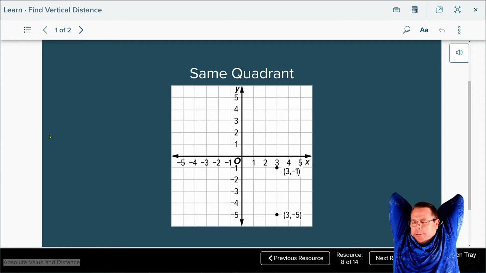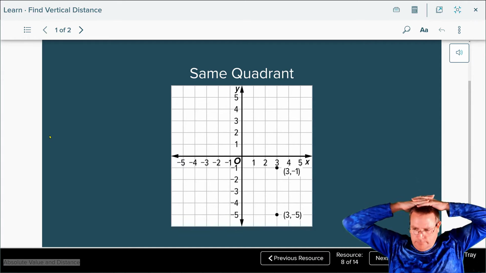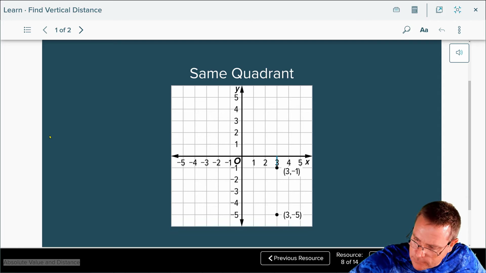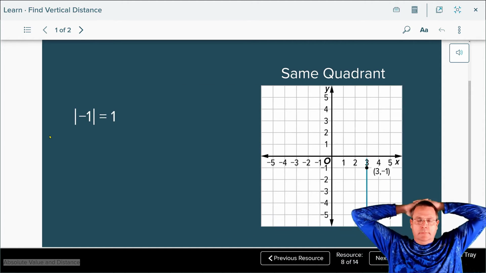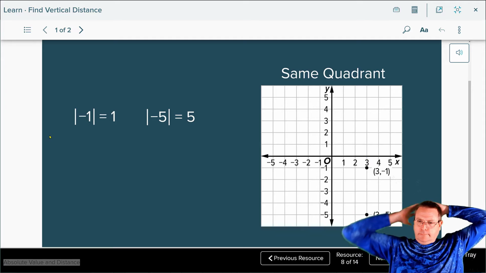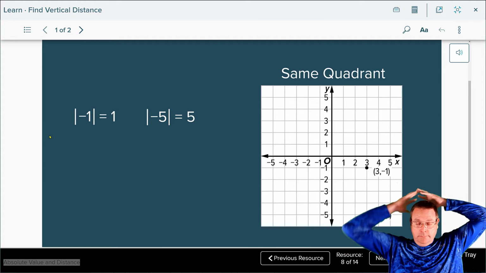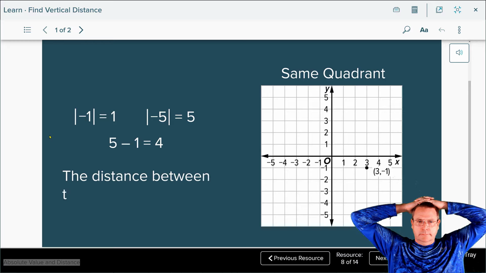The absolute value of each y-coordinate will give the distance from the point to the x-axis. The absolute value of negative 1 is 1, and the absolute value of negative 5 is 5. Subtract the absolute values of the y-coordinates to find the distance. 5 minus 1 equals 4. So the distance between the 2 points is 4 units.